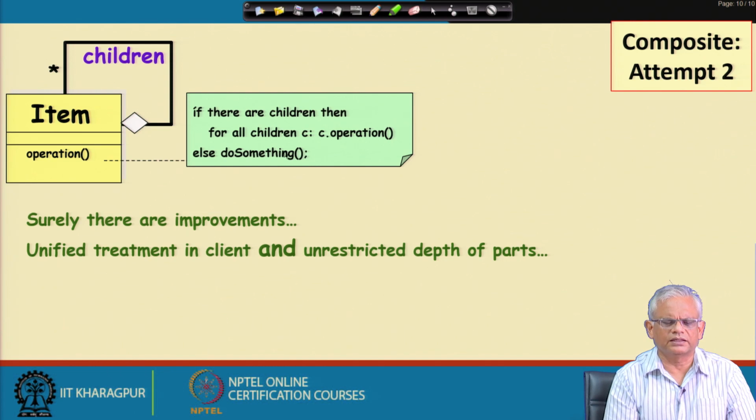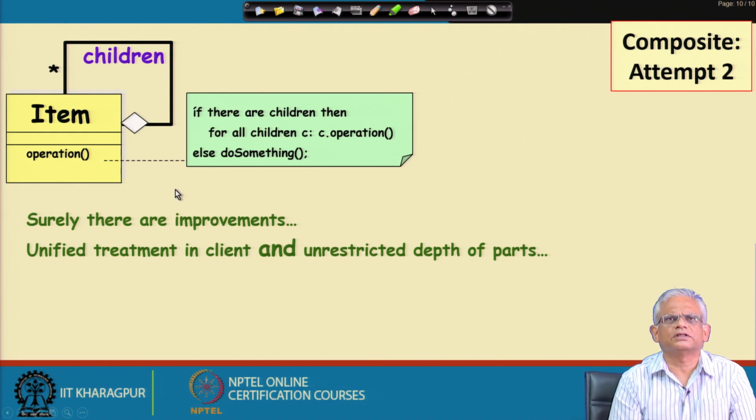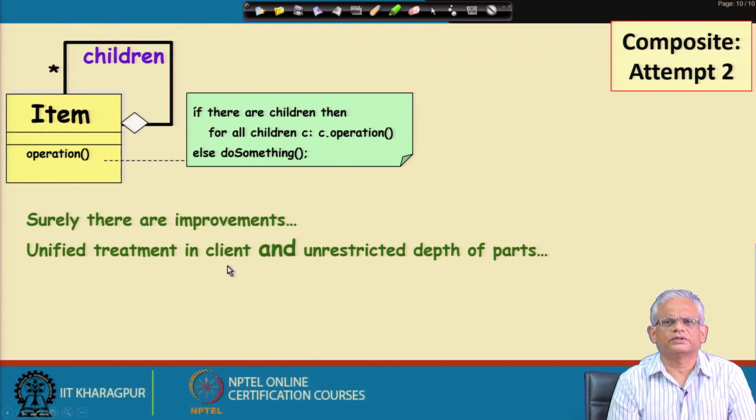The client does not have to really distinguish between the composite and the primitive element. He just makes a method call, an operation, and then the operation internally checks whether there are children, then does the operation for all the children, otherwise does something.